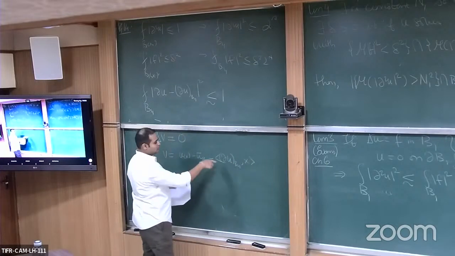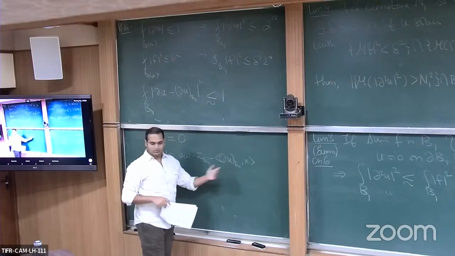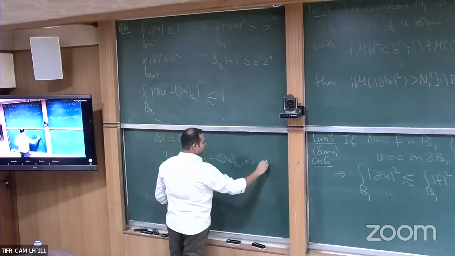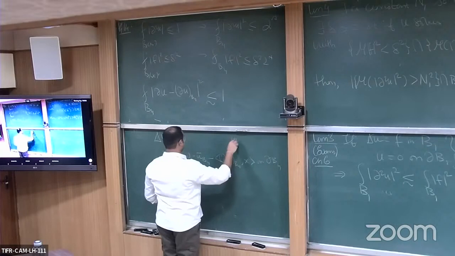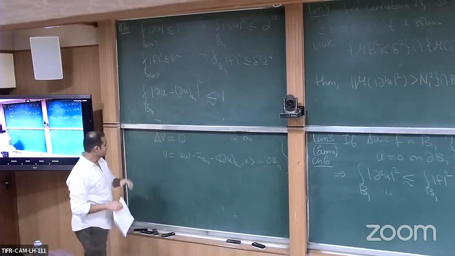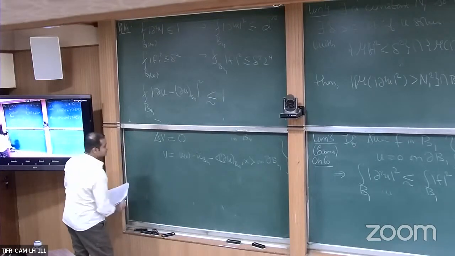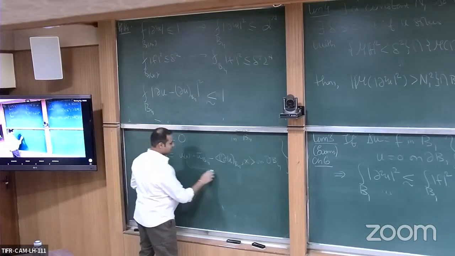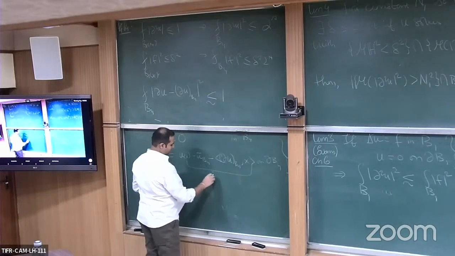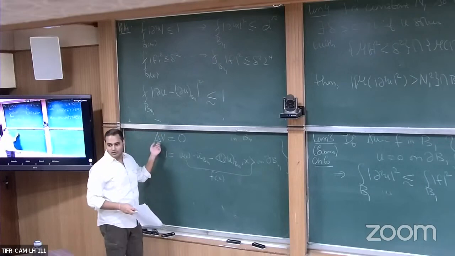The gradient is a vector, so the average is a vector. So this is the harmonic replacement. Let's call this f. This is again another legitimate function which has the same boundary values as u.